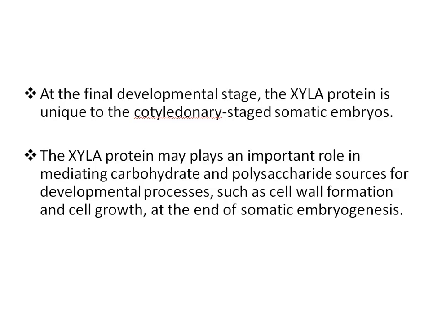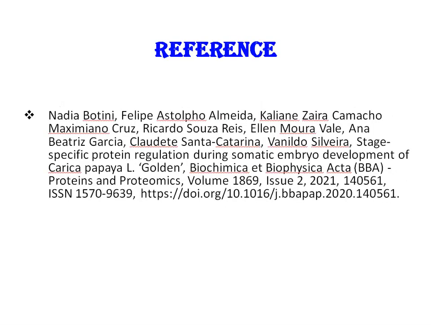So accumulation of XYLA in somatic embryos exclusively at the cotyledonary stage suggests that this enzyme may play an important role in mediating carbohydrate and polysaccharide sources for developmental processes such as cell wall formation and cell growth at the end of the somatic embryogenesis process.